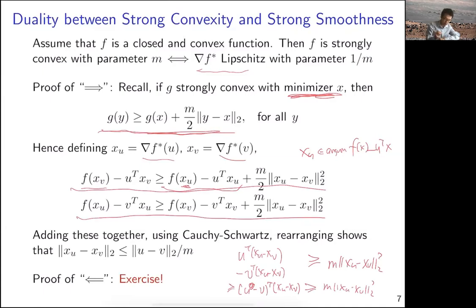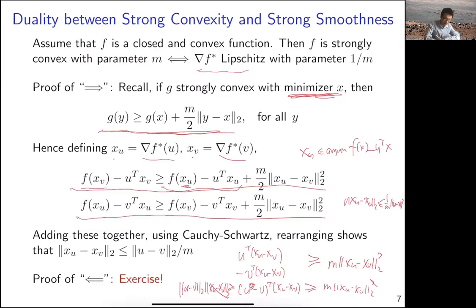Okay, now let's apply Holder's inequality. Let's apply Cauchy-Schwarz, and then we get u minus v times xu minus xv, and then this cancels with this square term, and we end up getting xu minus xv squared smaller than 1 over m times u minus v squared. Okay, but xu and xv are just the gradients of the conjugates.